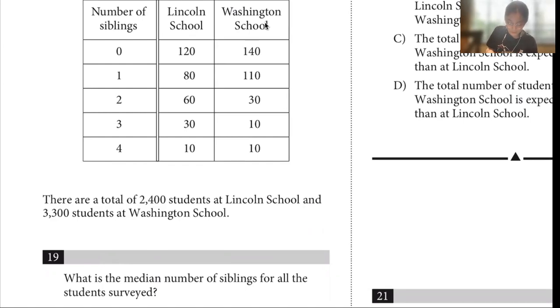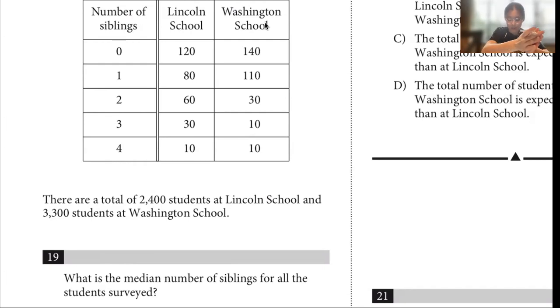So let me show you how it's going to look. I would divide 2,400 by 300 and that'll be 8. So that means I divided the whole population by 300. So 1 out of 300 is going to be 8.